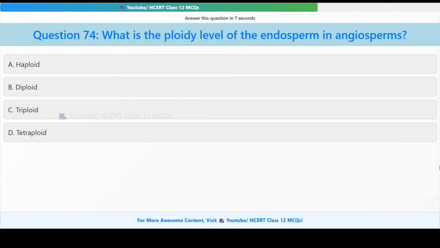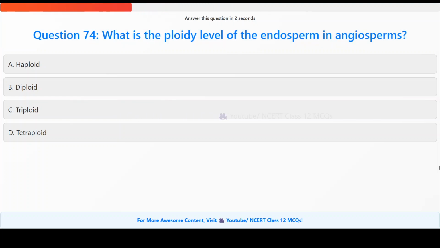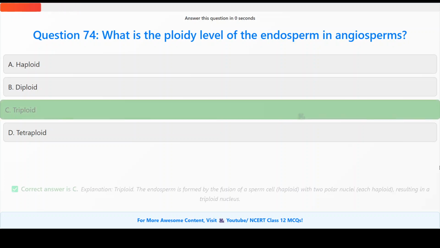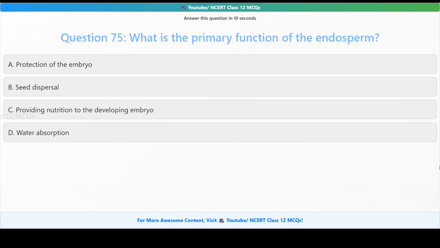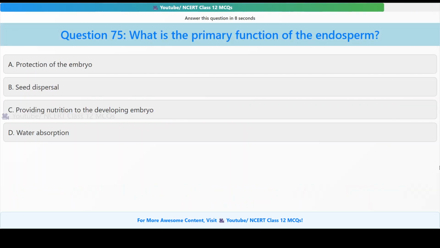What is the ploidy level of the endosperm in angiosperms? Triploid. The endosperm is formed by the fusion of a sperm cell, haploid, with two polar nuclei, each haploid, resulting in a triploid nucleus. Question 75. What is the primary function of the endosperm?